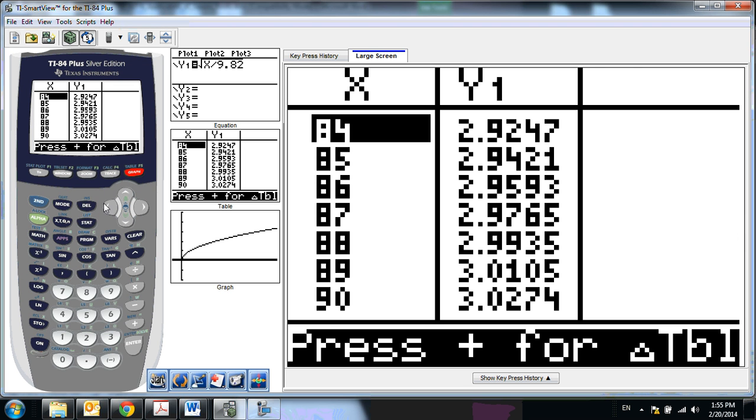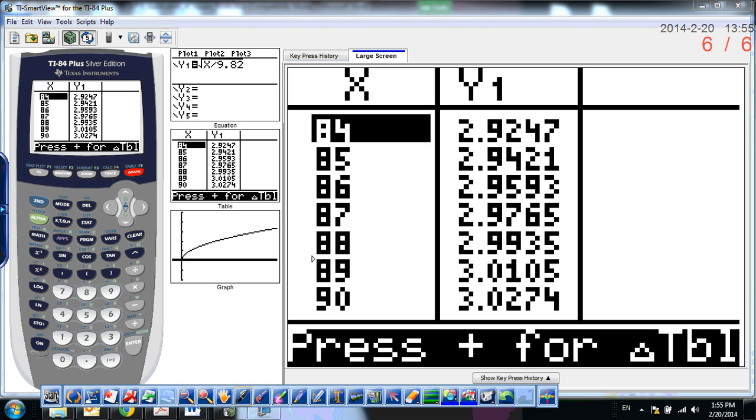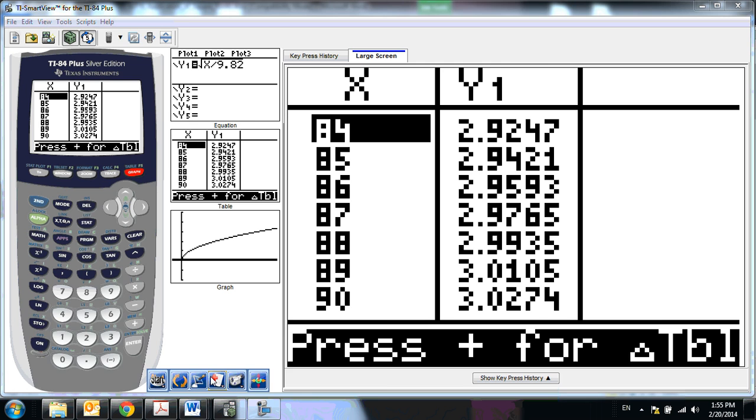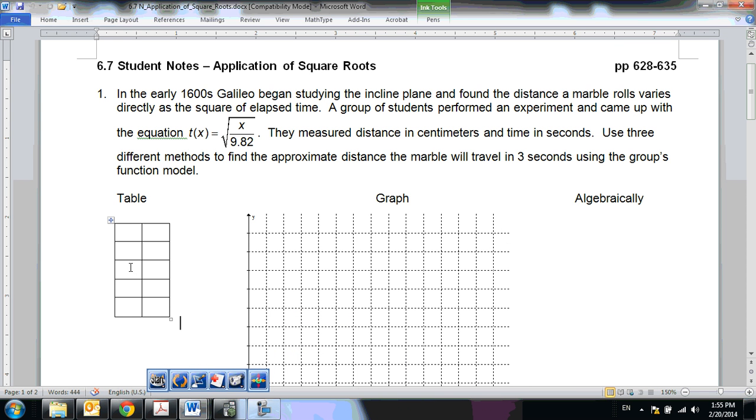What conclusion can you draw from looking at your table? Yeah, this marble has to hit 3 seconds between 88 and 89 centimeters. So I would fill in part of your table, maybe just these 2 rows.